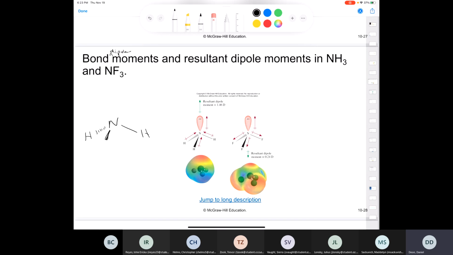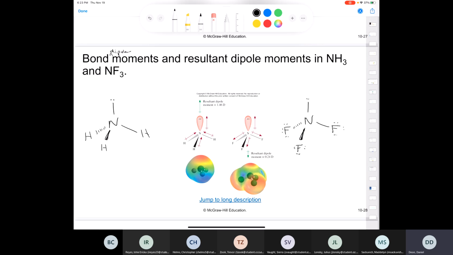Remember, both of these molecules have 3 regions of electron density. They both have 3 atoms and one lone pair, so their molecular geometries are both going to be trigonal pyramidal, right? Whether it's ammonia or nitrogen trifluoride, they're both trigonal pyramidal. I'll do my best to draw these like this.